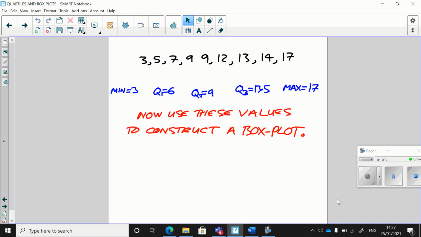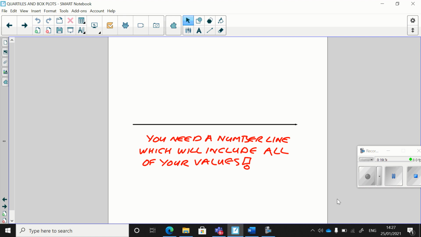See that original list of numbers? We don't need that anymore. We have extracted the 5 values of interest. So we're going to get a little number line. We're constructing a graph, so we need some reference numbers.